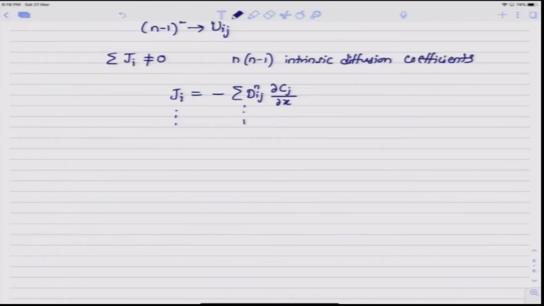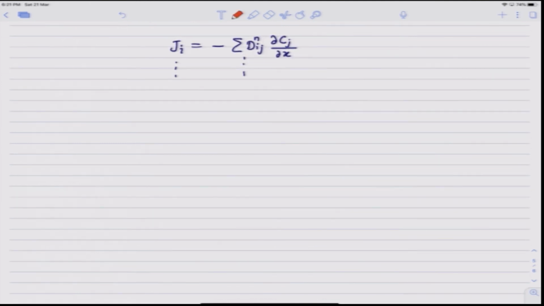How do we convert one from the other? So if we write the interdiffusion flux in terms of intrinsic diffusion flux, let's say for component 1, we get J1 tilde equal to J1 plus C1 times Vk.